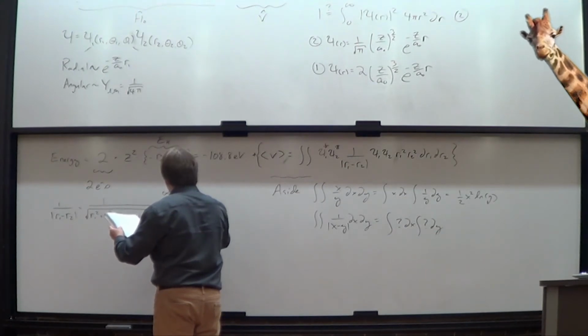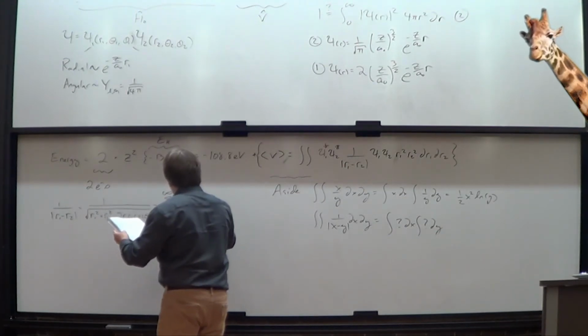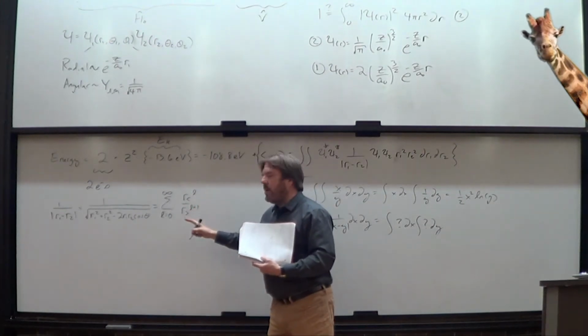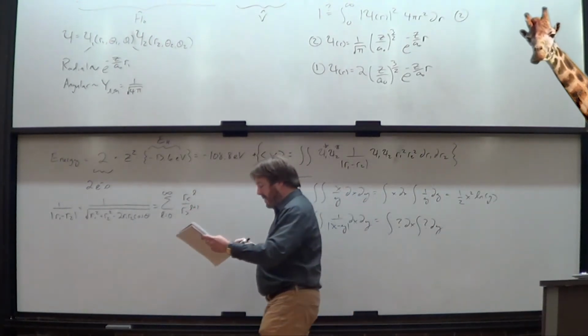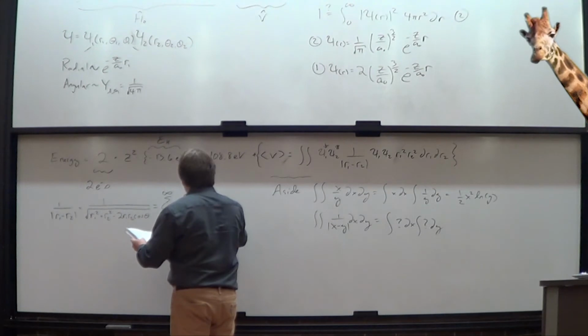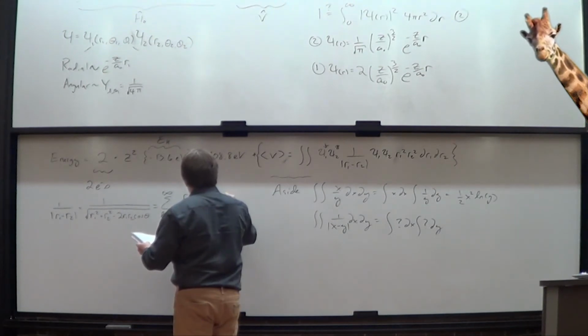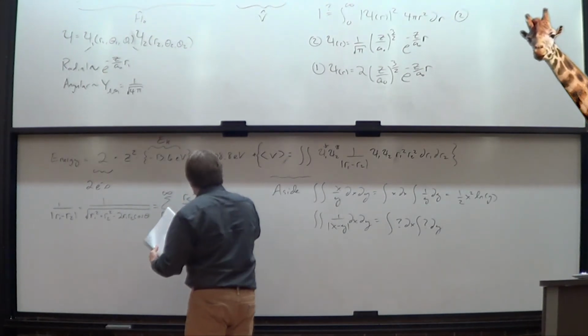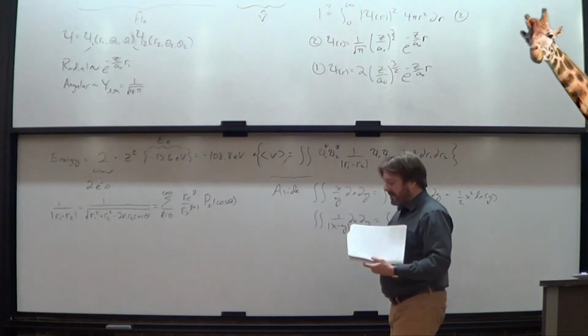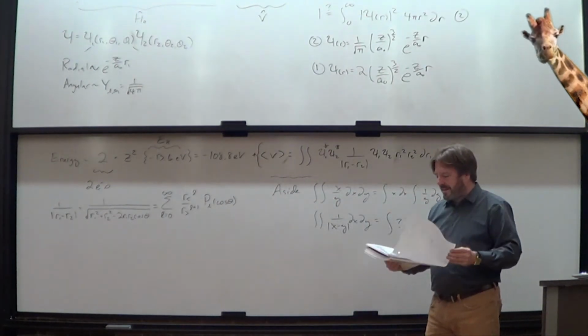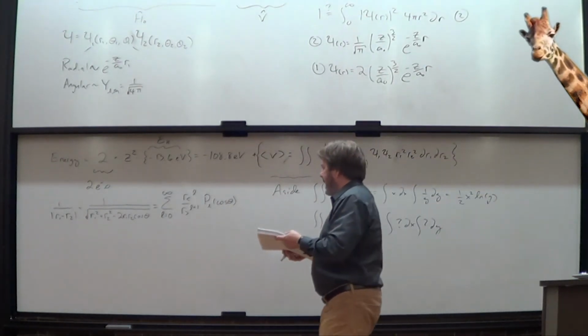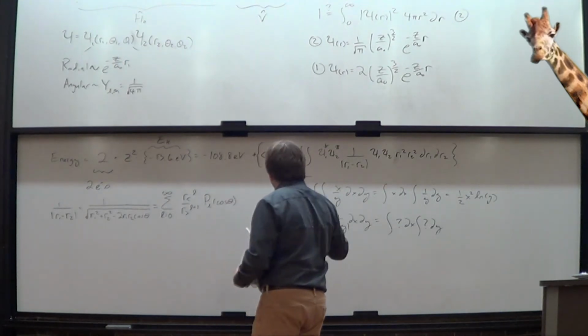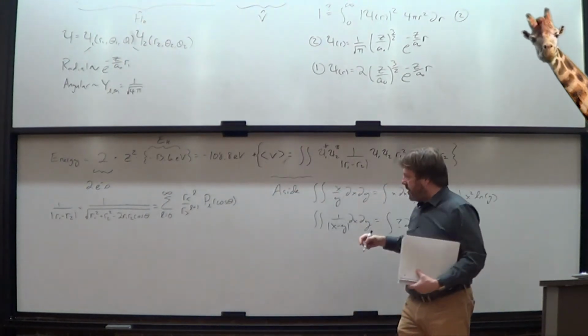You may notice I'm writing R less and R greater. I'll explain that in a second. And then you've got, okay, so what the hell is this? All right, well, let's go through this. We're going to integrate 1 over R1 and R2.